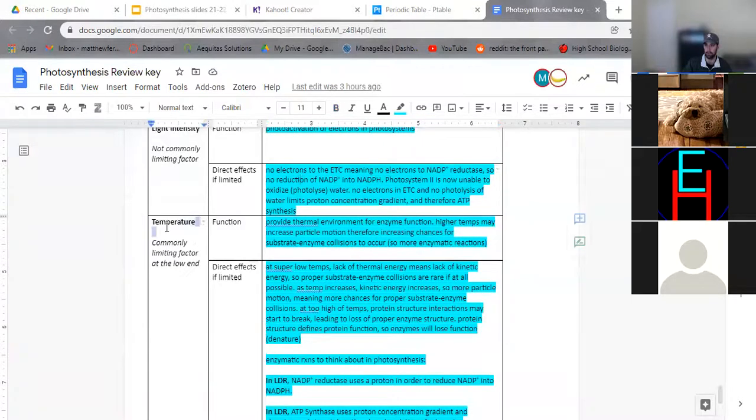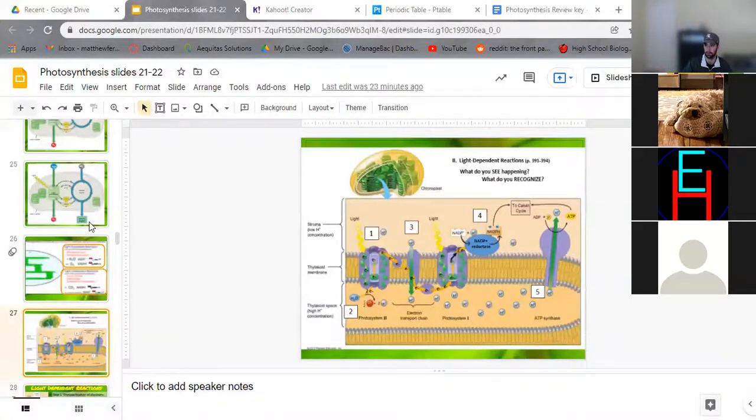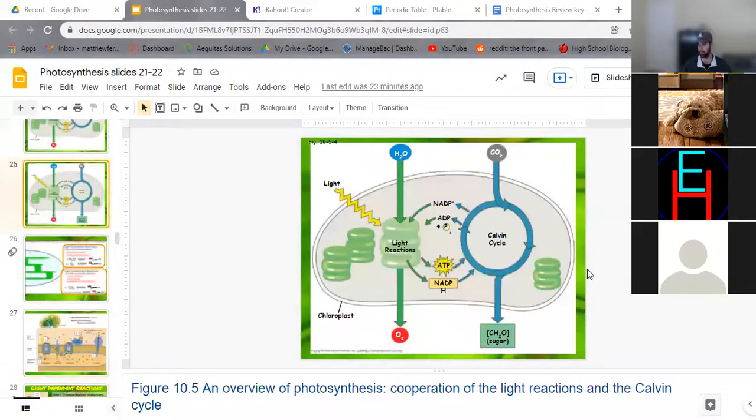Lastly, temperature. Where do we see temperature used in photosynthesis? Doesn't temperature affect the rate of activity of reactions?